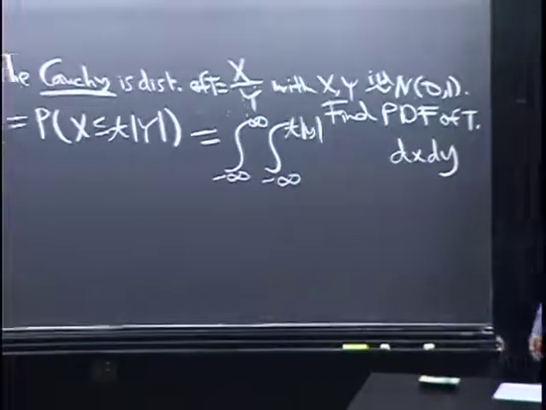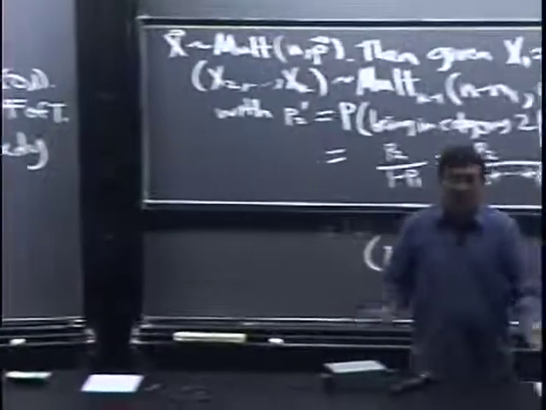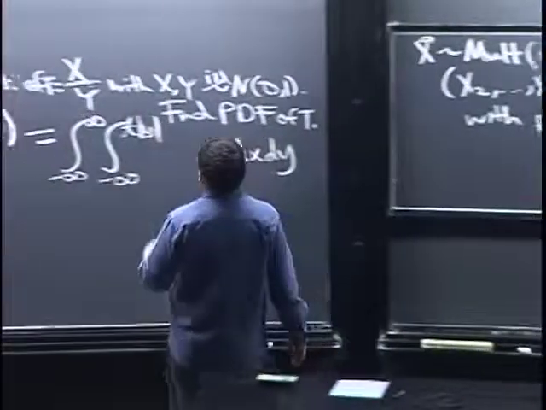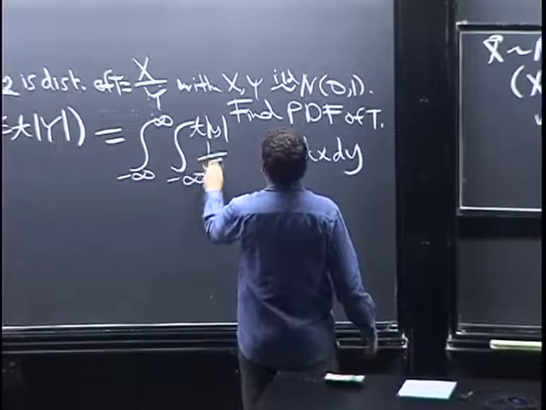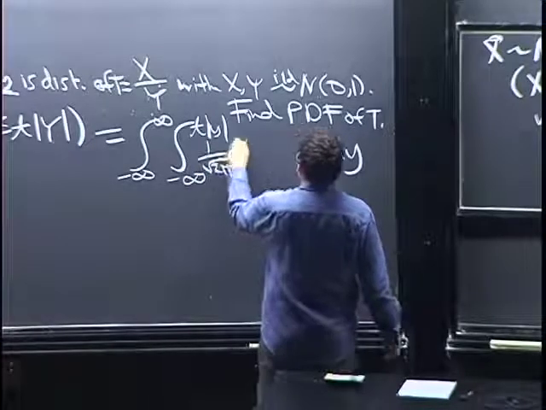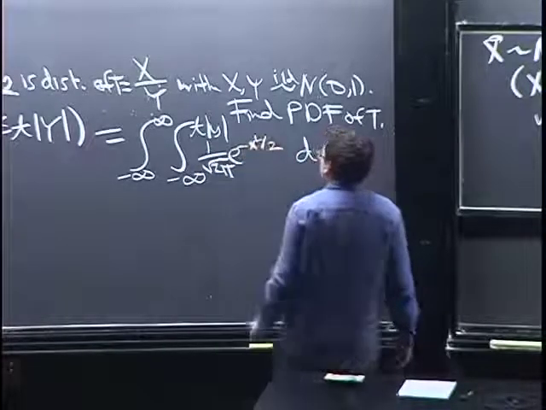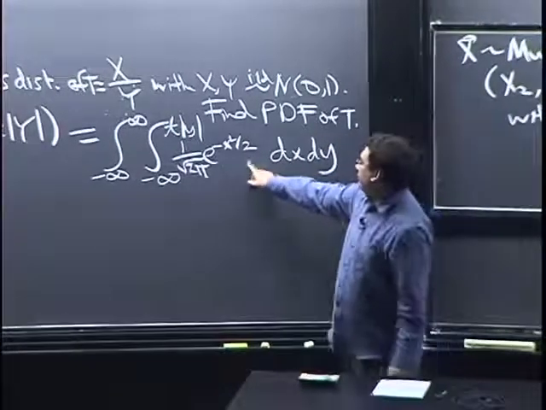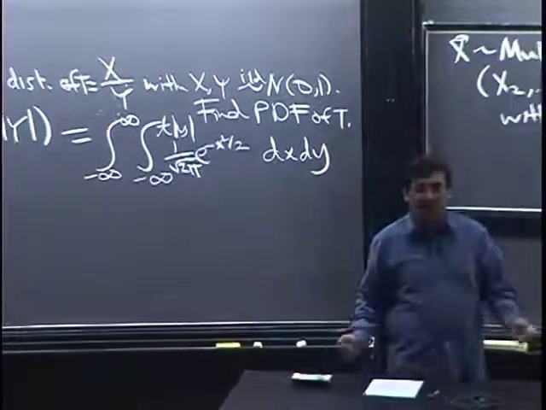And then what we're integrating is just the joint PDF. The joint PDF is 1 over root 2 pi e to the minus x squared over 2, and same thing for y, 1 over root 2 pi e to the minus y squared over 2, because they're IID standard normal.